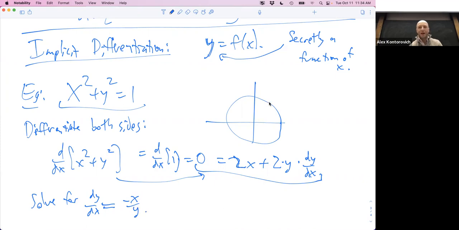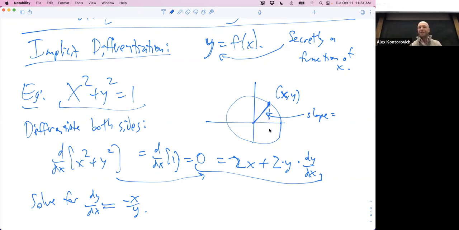Okay, let's think about that. At any point x comma y, whether it's on the upper half or the lower half of the circle, what is this slope? Well, the slope of just the line from 0 to this point.